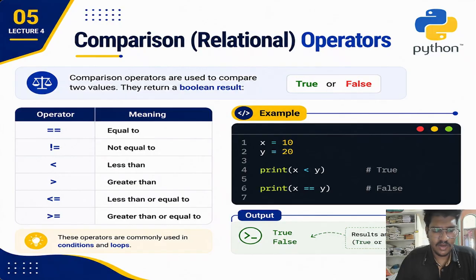Always remember that this is two equal signs, not one. One equal sign is an assignment operator, not a comparison operator. Okay, and the next one is not equal to, which returns true only if the values are not equal, and if the values are equal, it will not return true. Okay.